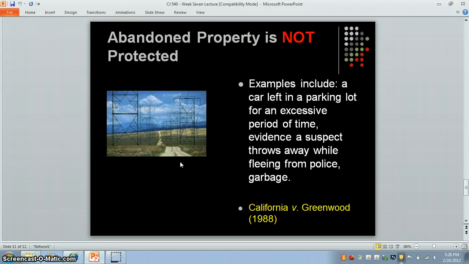Also, Professors Walker and Hemmons point to the U.S. Supreme Court case California versus Greenwood, where the court held that an officer does not need a warrant to collect garbage left in an area accessible to the public. Usually, police will wait until trash is collected from a suspect's house, or a subject's house, I should say. Let's make that differentiation right now.